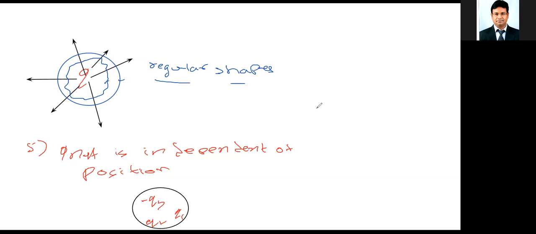Then coming to another important conclusion: if the net flux comes to be 0, can we say there is no charge inside? Obviously not. Why? Because the net flux can be 0 when the net charge is 0. When can the net charge be 0? When an equal and opposite charge is present in it.